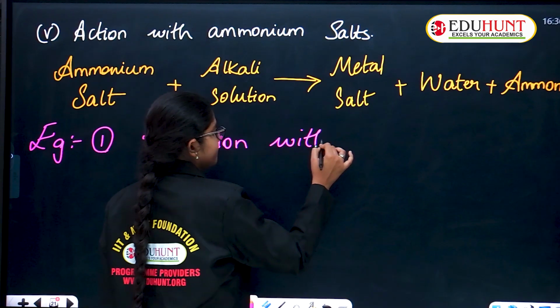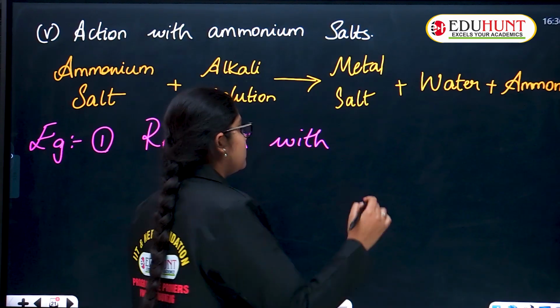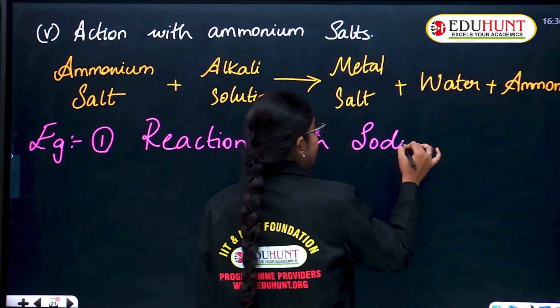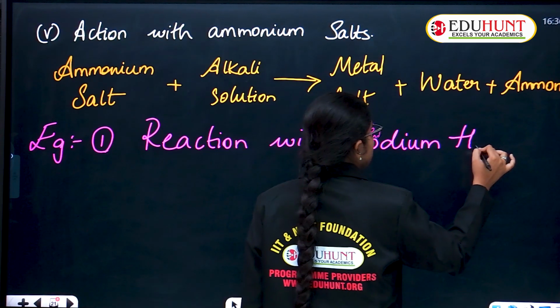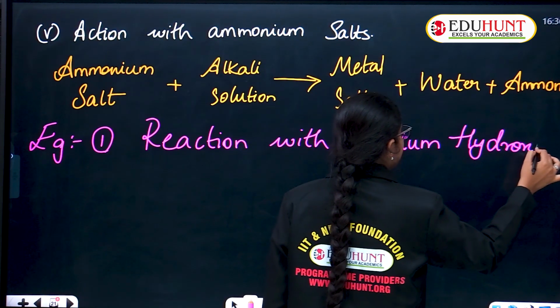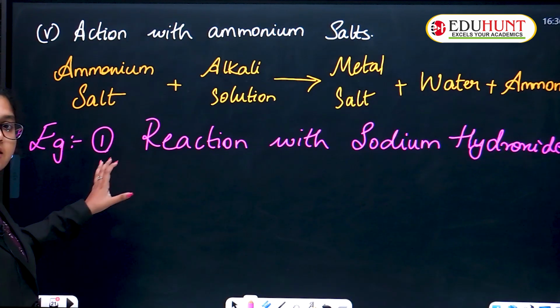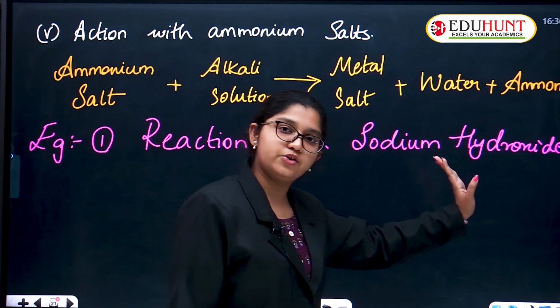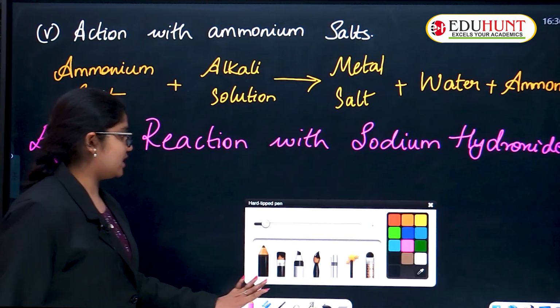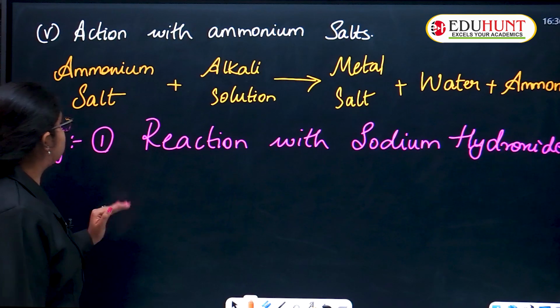with alkali solution such as sodium hydroxide. What is that, children? Sodium hydroxide. Okay. So first example heading, reaction with sodium hydroxide. Okay. So we'll take example 1, the reaction.